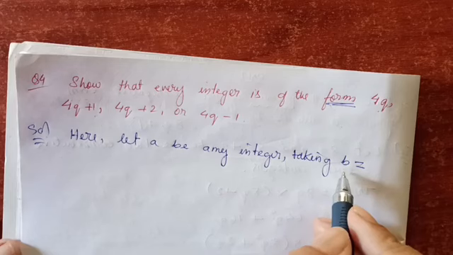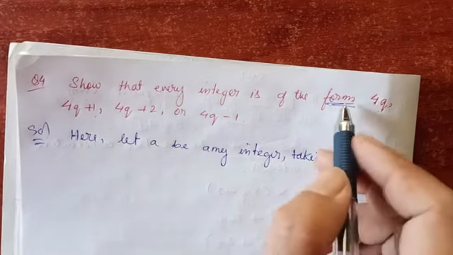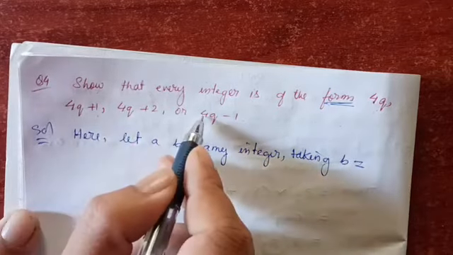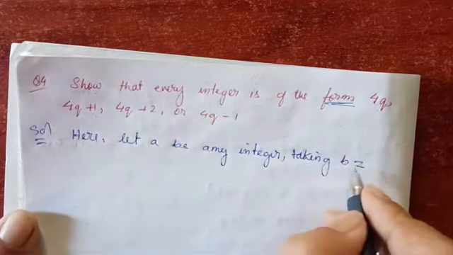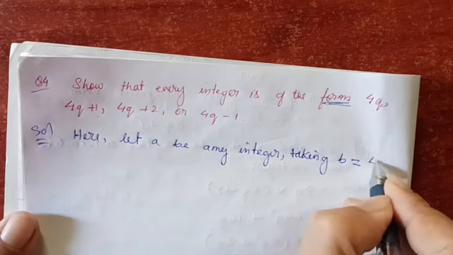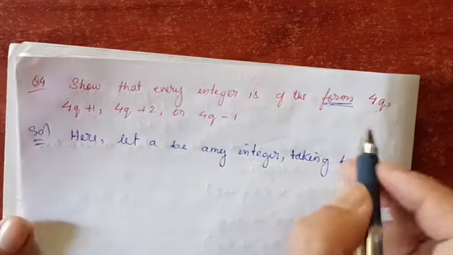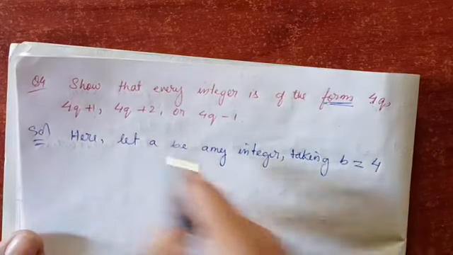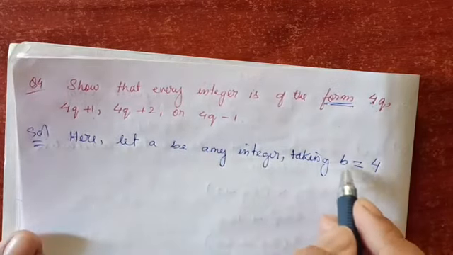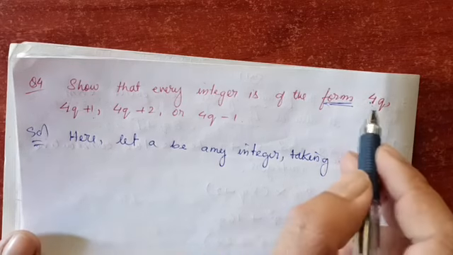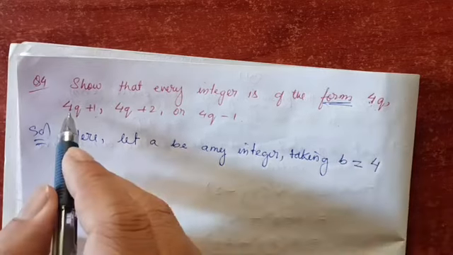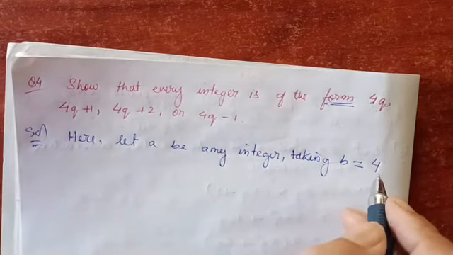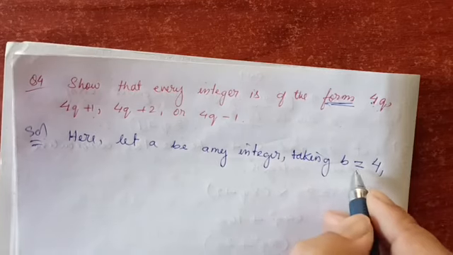So what is b? B is your divisor. All right. So here, what is the number? 4 4 4 4. All the starting numbers are 4, so the number b will be 4. If it is 5 5 5 5, you write 5. If it is 6, you replace the value of b by 6. So in our question, the numbers are 4, so that is why we replace the value of b by 4. Okay, so this is the divisor.